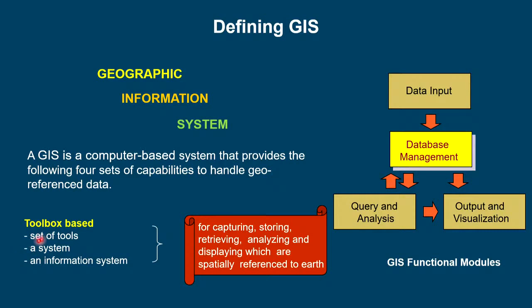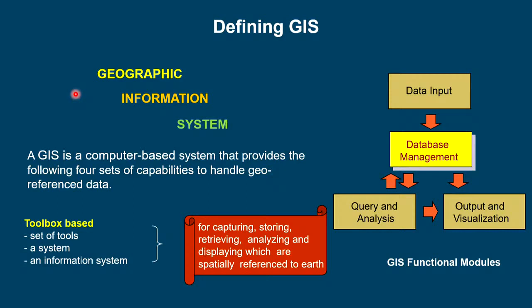This is also called a system, particularly known as an information system, which is used for capturing and storing data, then retrieving useful information, analyzing certain data sets, and then displaying them, especially with reference to the earth. Because the name here is geographic, it means whatever data is there is geographically referenced, that is, related to some part of the earth.